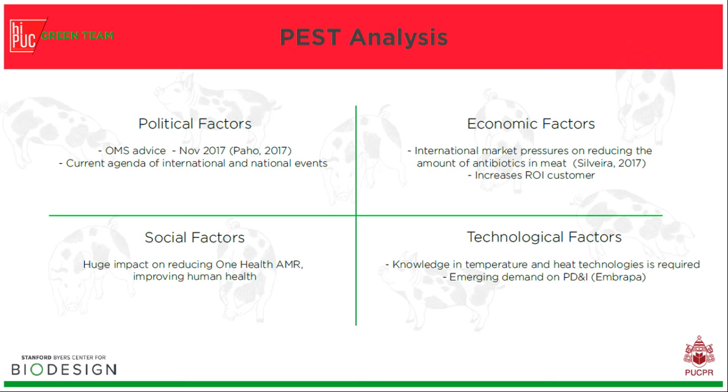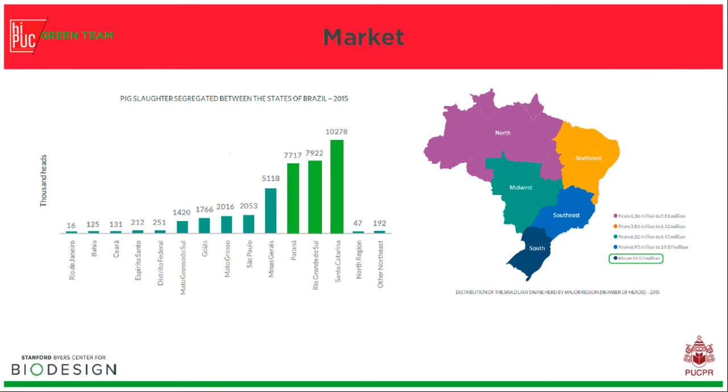Our solution involves the detection of the SIRS symptoms, and that requires knowledge of temperature and heat technologies and the emerging demand that Embrapa already has on research and development in these areas. Here we have the market. Brazil is one of the largest swine producers in the world, but those productions are concentrated in 3 states in the south.